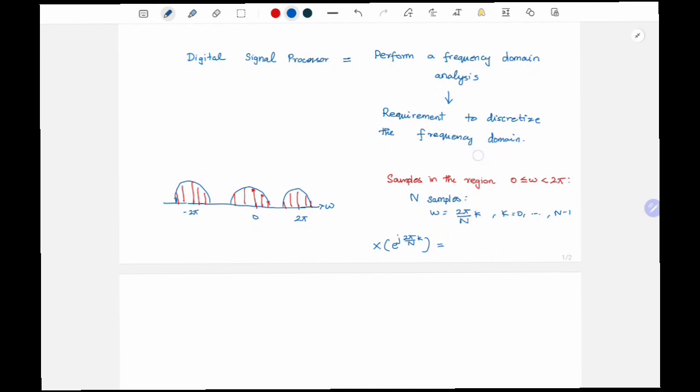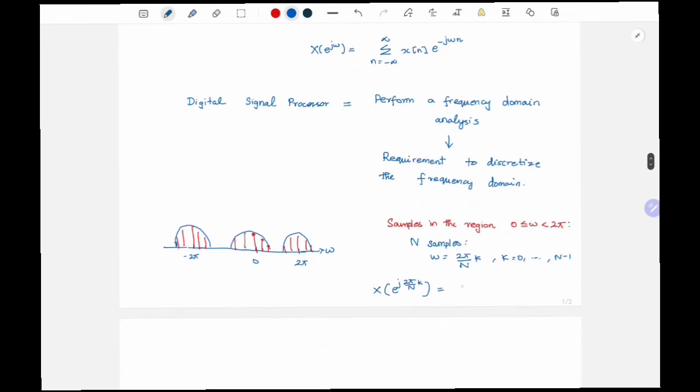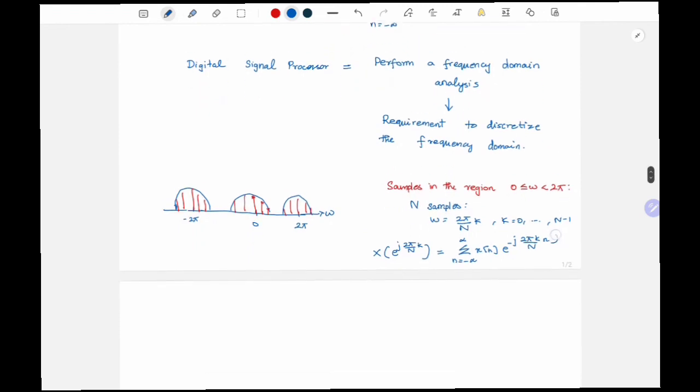And this will be equal to, if I substitute here, summation n equal to minus infinity to infinity x of n e power minus j 2 pi k by N into n. And as required, my k will go from 0 to N minus 1 since I'm considering only the samples in the region 0 to 2 pi.